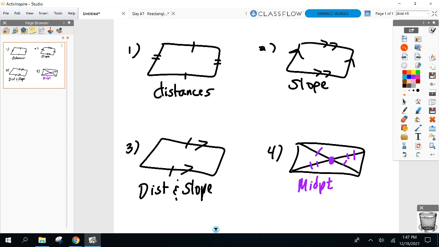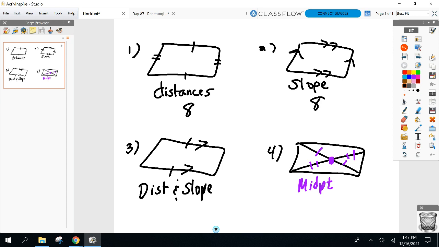Okay, how about we just do a majority vote here. Who wants distances? 1, 2, 3, 4, 5, 6, 7, 8. Slopes in the house? 1, 2, 3, 4, 5, 6, 7, 8. Oh, perfect.